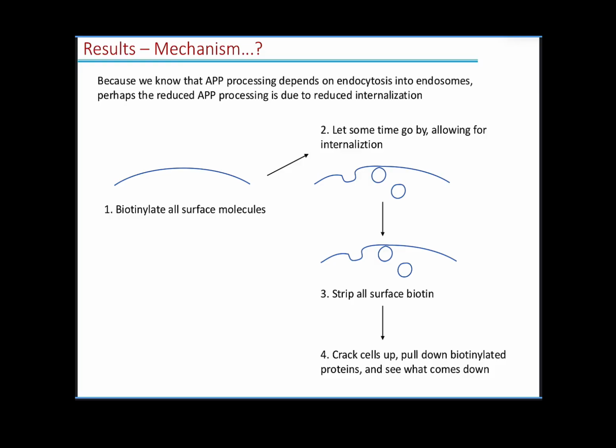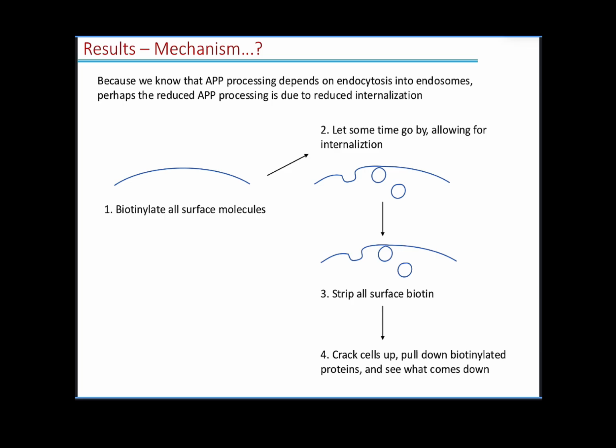They take their cells, and first they incubate those cells with reagents that will biotinylate all surface molecules. Biotin is a short peptide that can be biochemically added to other proteins when you have a biotinylating enzyme present.